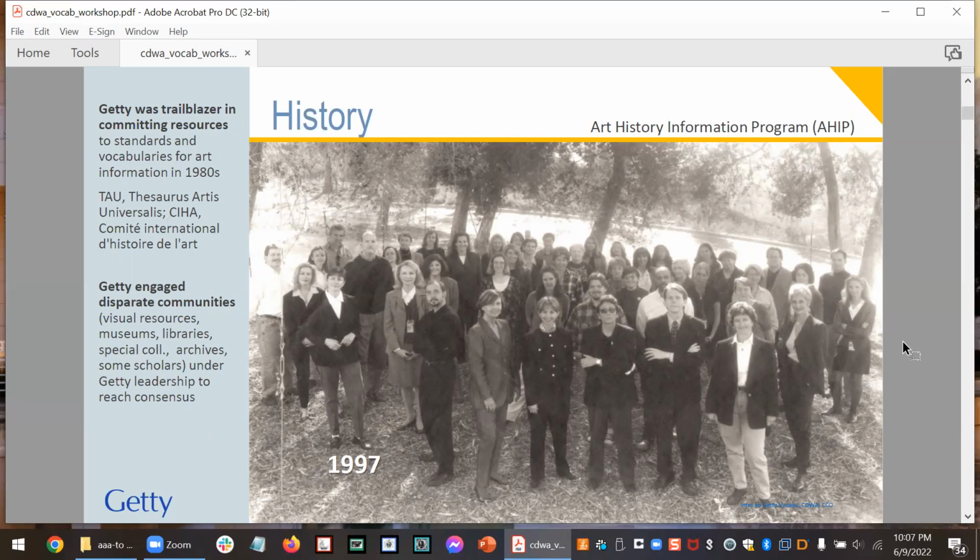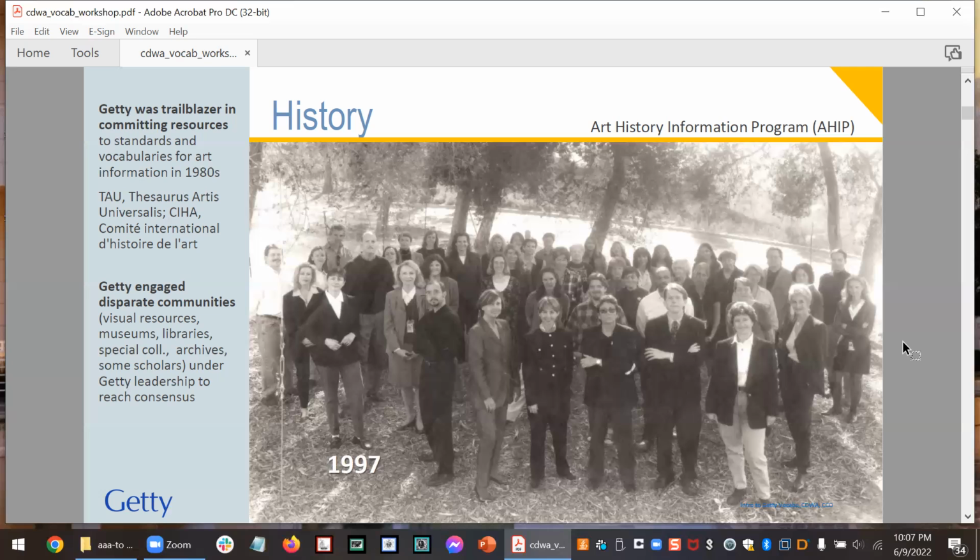We're celebrating our anniversary. Now the Getty Vocabulary Program is at the Research Institute, and these other entities have split off into other places. But already then, Getty was a trailblazer in committing resources to standards and vocabularies for art information. We had begun in the late 70s or early 80s. So when this picture was taken, we'd already been doing vocabularies for almost 20 years.